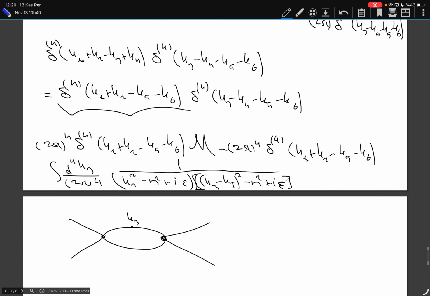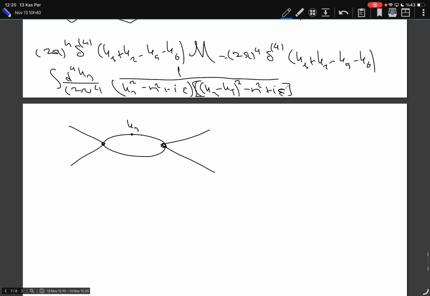But with the conventions I have, remember, this is what comes. kT is arriving. k3 is leaving. What remains in the other propagator, or let's say, what arrives is k3 minus kT.